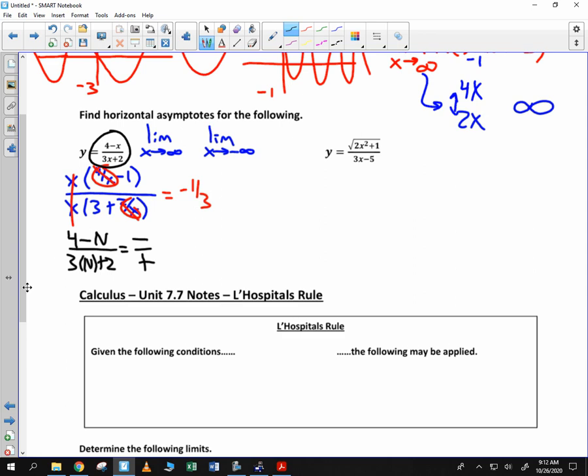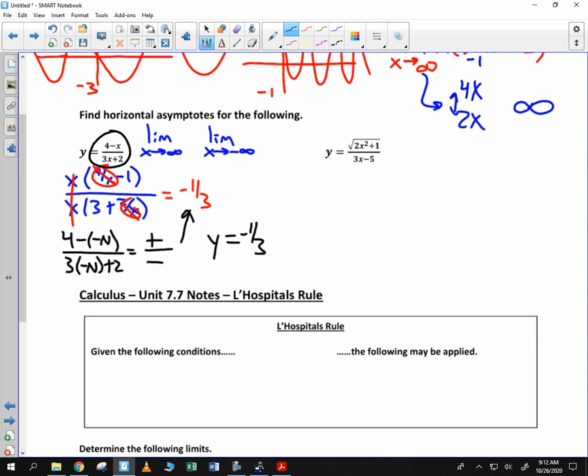If you were to switch that around, you would say that 4 minus a very large negative number divided by 3 times a very large negative number plus 2, you would get a positive on top and you would get a negative on bottom. Either way, the result is negative 1/3. So the horizontal asymptote, either way, is y equals negative 1/3.